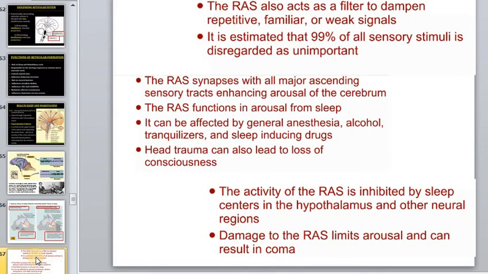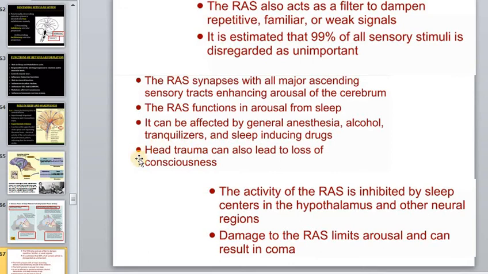The RAS also acts as a filter of damped, repetitive, familiar or weak signals. It's estimated that 99% of all sensory stimuli are filtered, and only some stimuli can move on to the cortex. The RAS synapses with all major ascending sensory tracts and arousal of the cerebellum. The RAS function in arousal from sleep can be affected by general anesthesia, alcohol, and even special drugs.